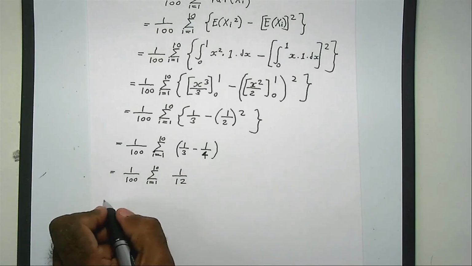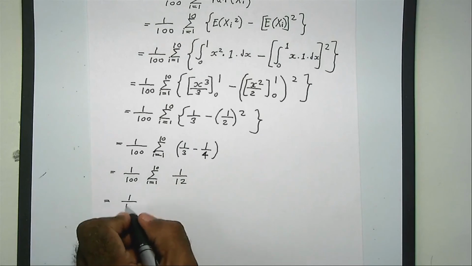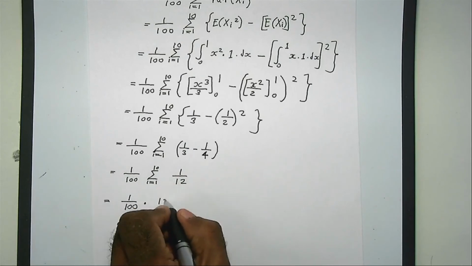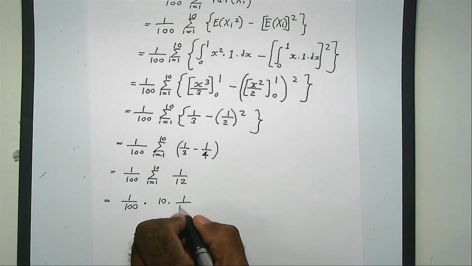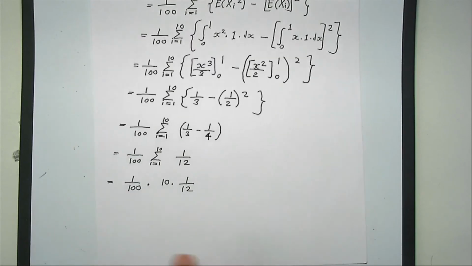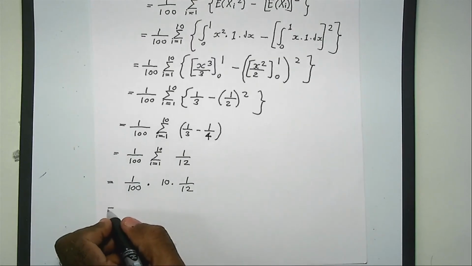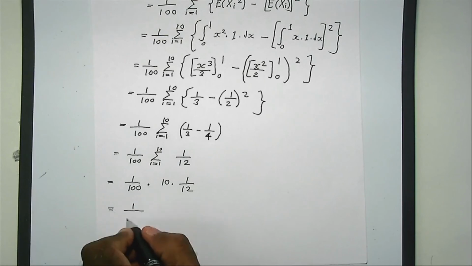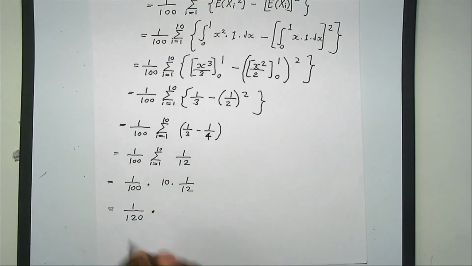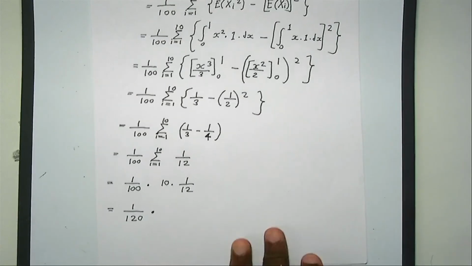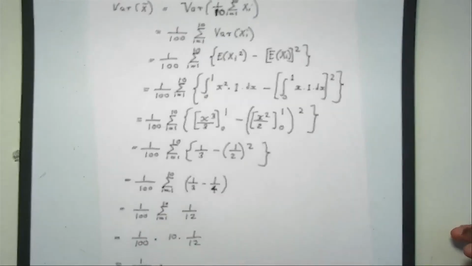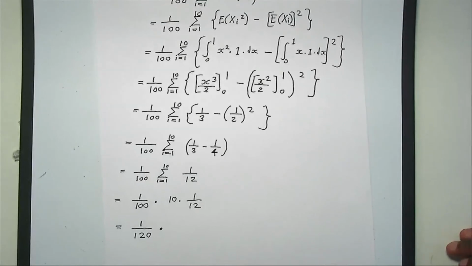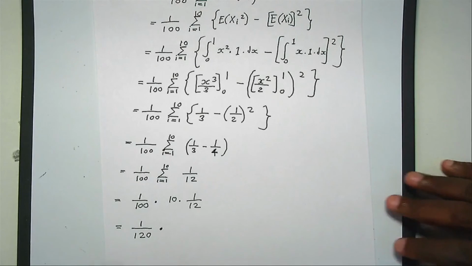So it's going to be 1/100 times 10 times the constant, so the answer is 1 divided by 120. So this is the variance of x bar, right? This completes question 6 of tutorial sheet 2.